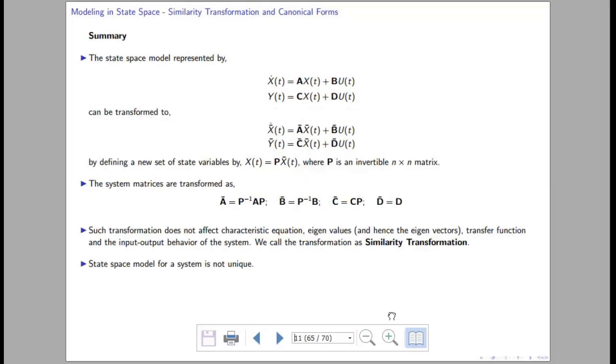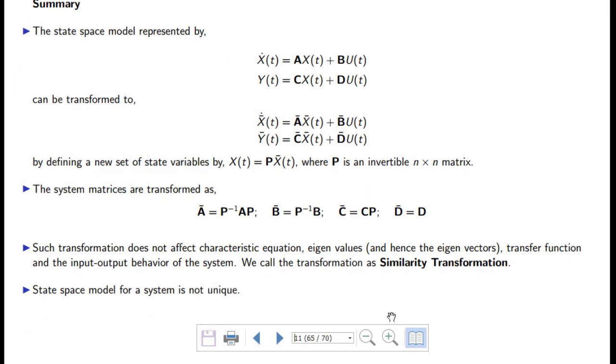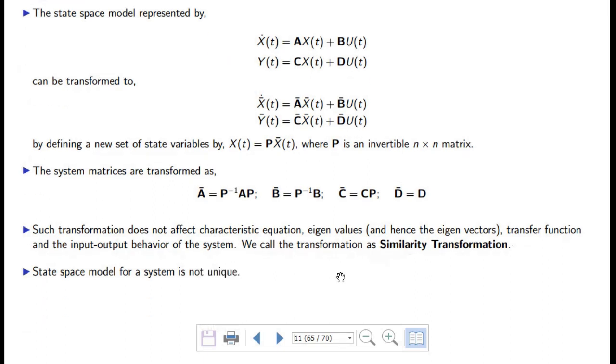Since I can form so many P matrices, I can represent the same system in different state space models. We ourselves understood the same state space model can be represented in CCF or OCF or DCF or JCF or any other canonical forms.